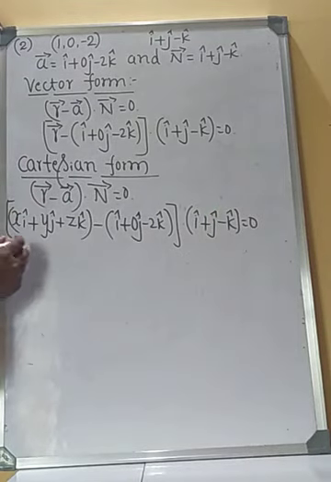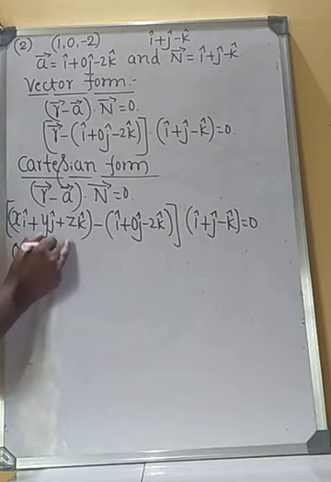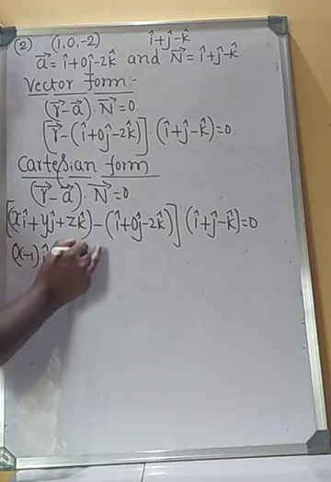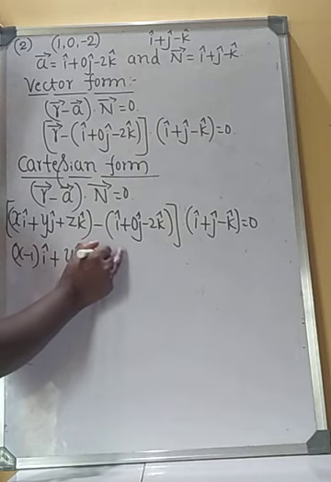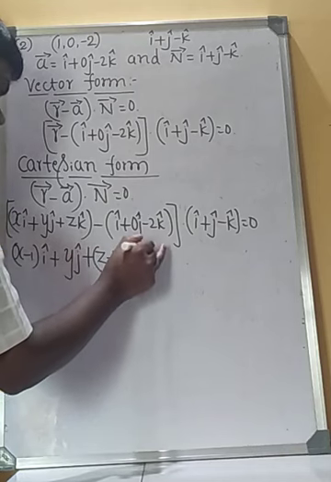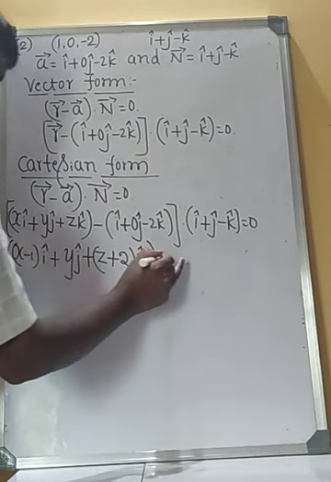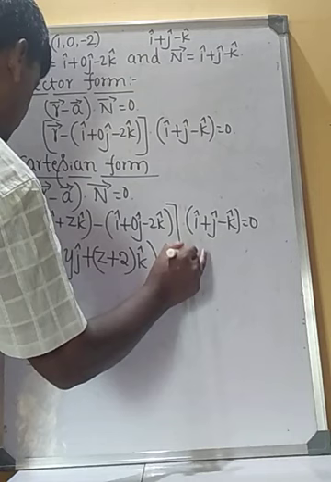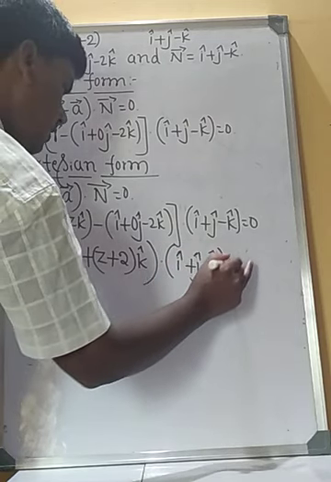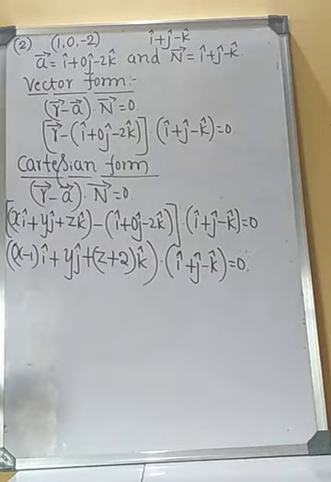So therefore (x minus 1)i plus (y minus 0), that is yj, plus (z minus of minus 2, that is z plus 2)k, dot i plus j minus k equal to 0.